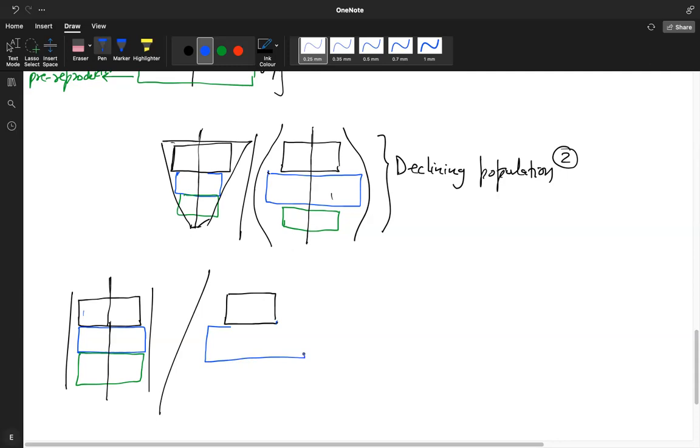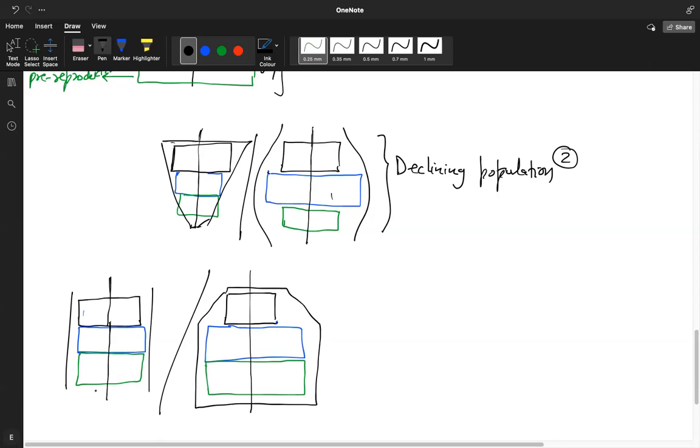So even if the shape is like this, where the reproductive and the pre-reproductive are quite stable, what will happen to this population? So the shape here is not exactly a pyramid, but it's like this, right?